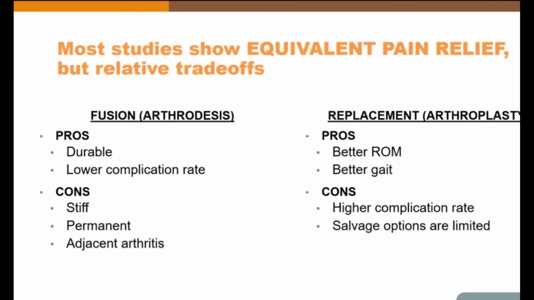So if we look at the two treatment options side by side, it's important to realize that the vast majority of studies show that there is equivalent pain relief in the long term after these two procedures, but there are relative trade-offs. If we look at the left side of the screen and look at fusion or arthrodesis, the relative pros include durability of the fusion.